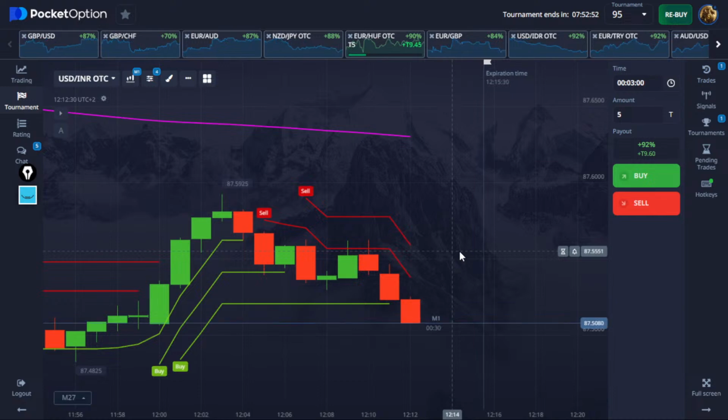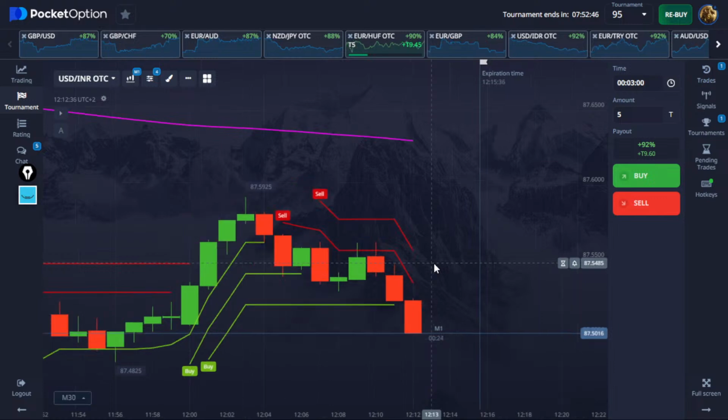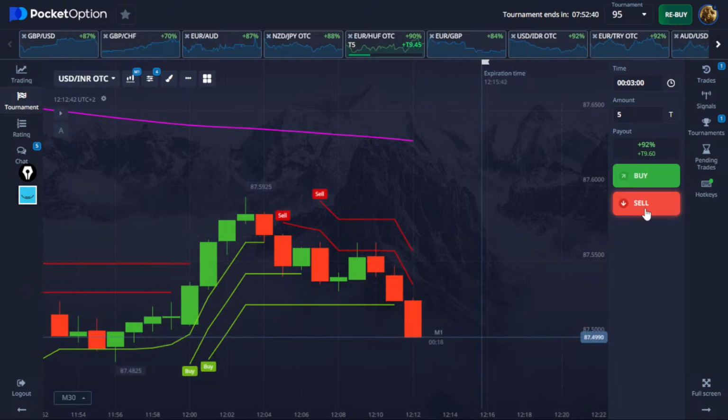Nice. That's powerful momentum here. That's a violent bar relatively. So I'll go for the sell here.